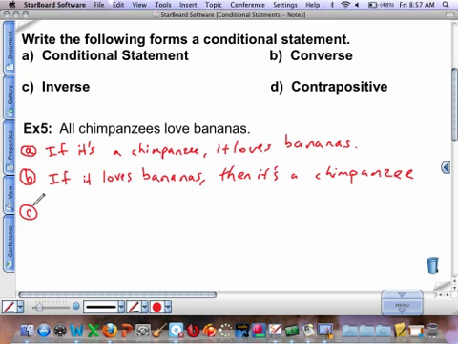Christina, talk to me about the inverse. If it's not a chimpanzee, so that's the not P, then take your conclusion and make that negative. Then it doesn't love bananas.